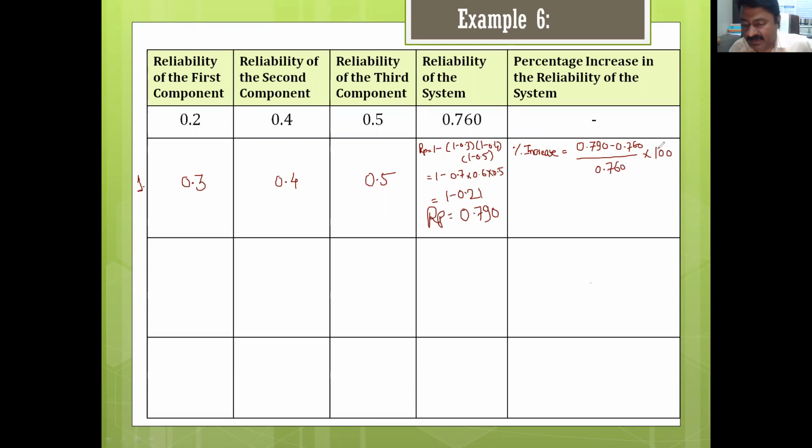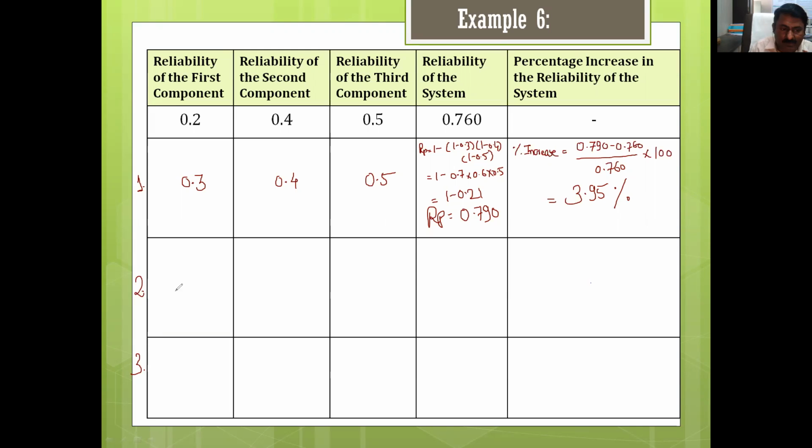Otherwise you will get it in fraction. Then you will get the percentage increase is equal to 3.95%. So friends, now similar cases you have to start. This is case number 1 I have gone for. Now you have to go for case number 2 and case number 3.